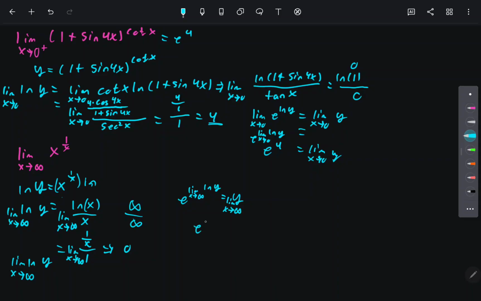Well, e to the power of 0, which we know is the answer to this limit, is equal to the limit as x approaches infinity of y. So the limit as x approaches infinity of y must be 1.